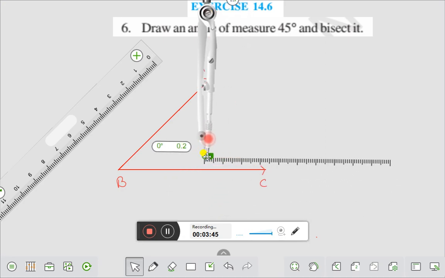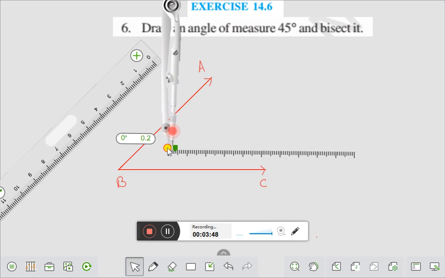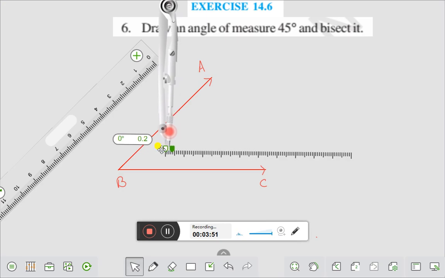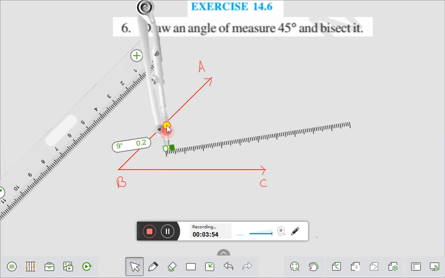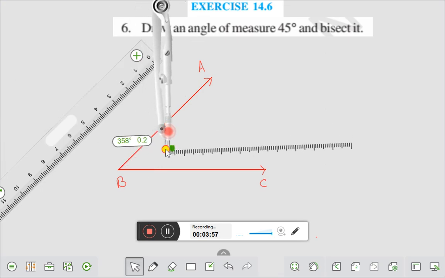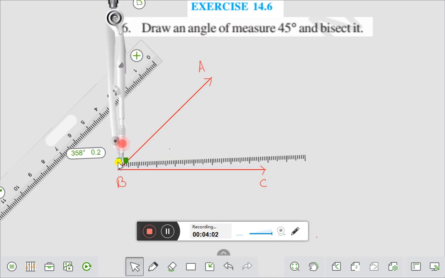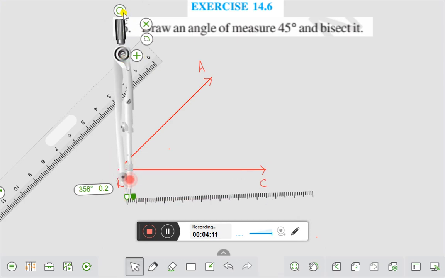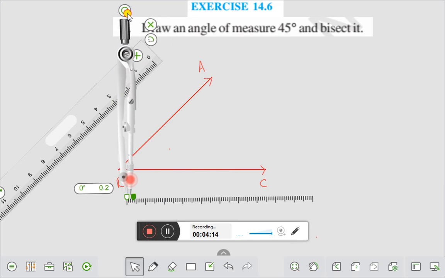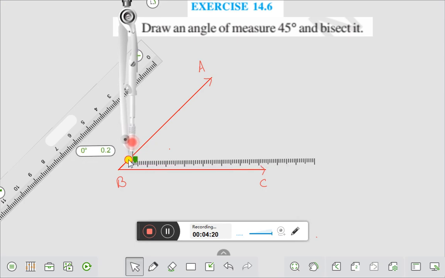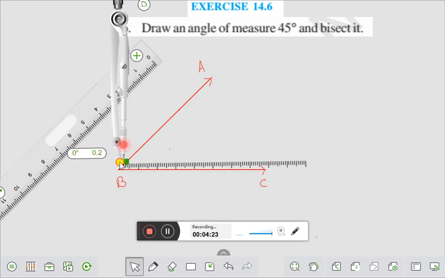Now take this pointer on point B and draw an arc here.